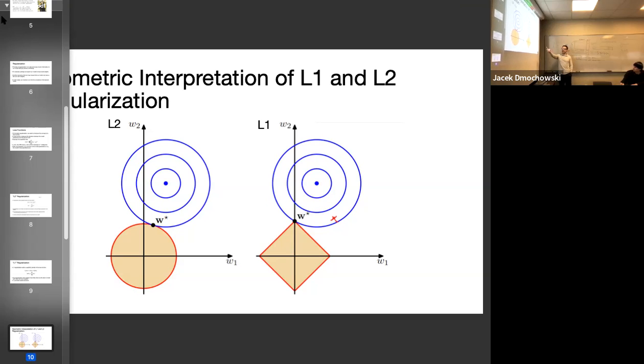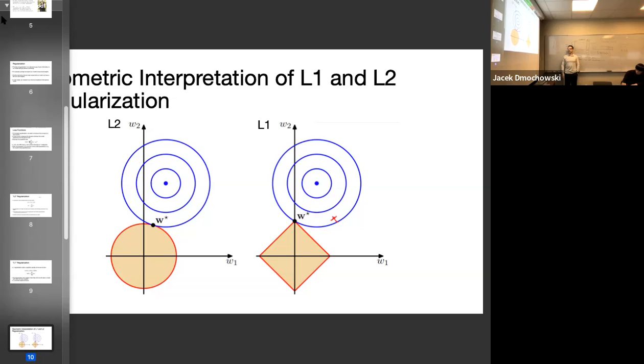So the key thing about the picture on the right is that one of the coefficients has been forced to 0. And so your entire model is ignoring the first feature, and all it's doing is using W2.